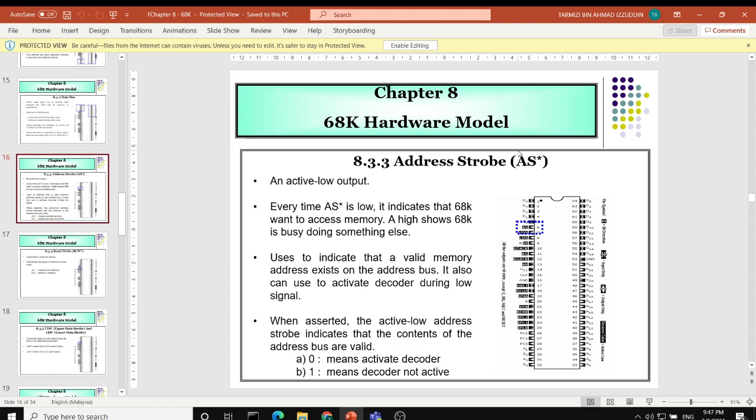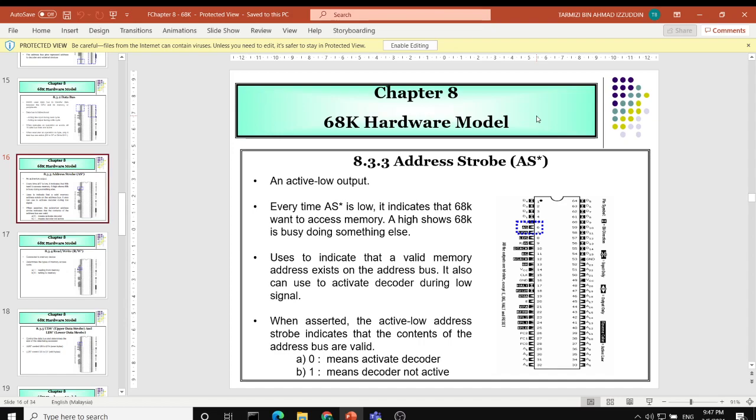So what does this mean? When you connect your 68K to your external memory or external peripheral, you need something to indicate whether the 68K should write to this address bus, whether the 68K should write to this data bus. So we use address strobe for that. It is just a signal to tell the external peripheral whether the 68K is busy or wants to access the memory on the external peripheral.